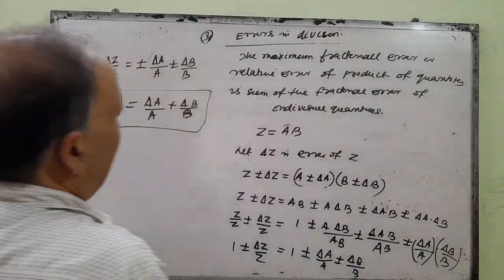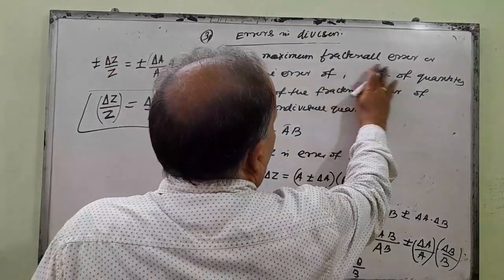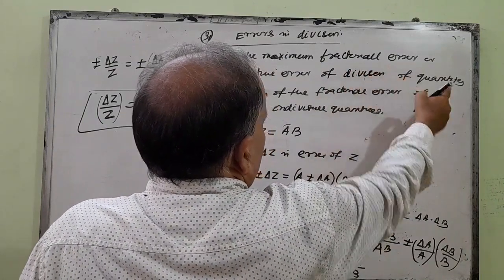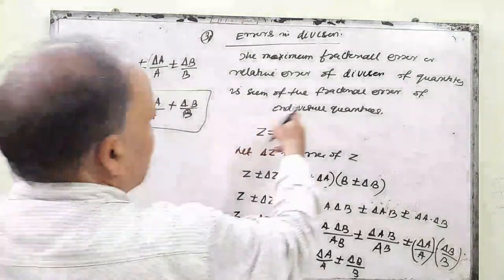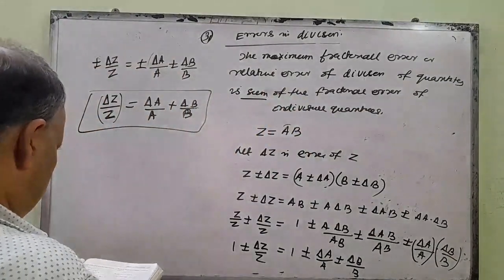The maximum fractional error or relative error of a division of quantities is the sum of the fractional errors of the individual quantities.